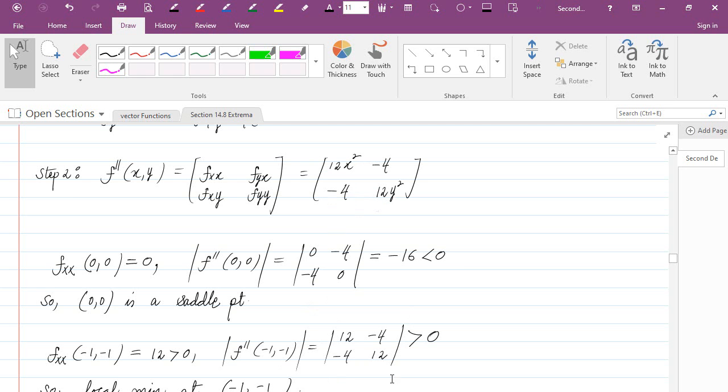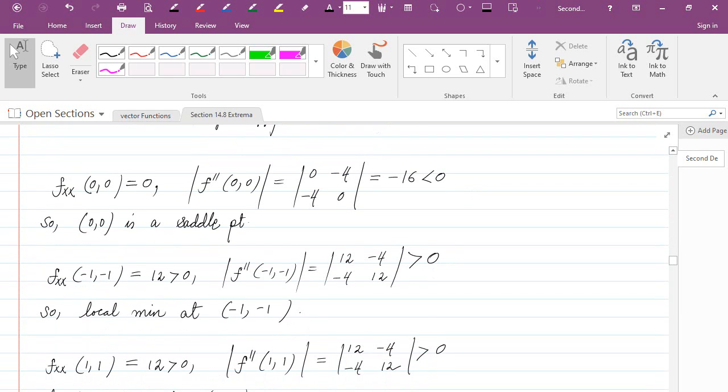And if you take the determinant here, that's going to be 144 minus 16, which is positive. Now the discriminant is positive, so what is fxx evaluated at (-1, -1)? Well, fxx is this quantity right here, and at (-1, -1) it is positive. So fxx is positive, the discriminant is positive, so at this point (-1, -1) we have a local minimum.